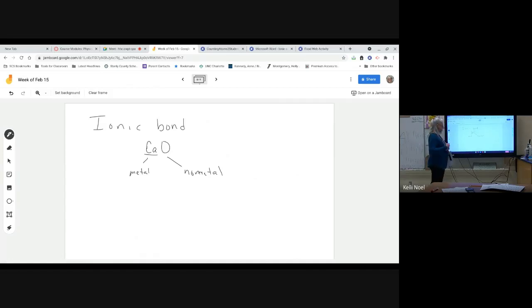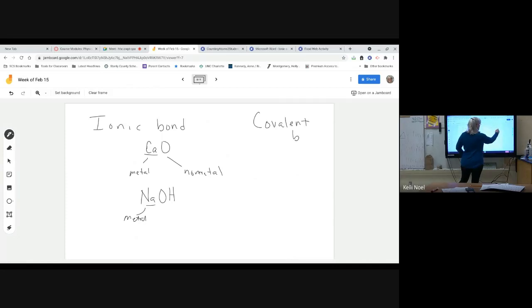Trying to think of any others. If you see more than 2 capital letters, so if you see NaOH, and this is a metal, this is going to be an ionic bond. Covalent bonds are only nonmetals. All right, it's just going to be nonmetals.